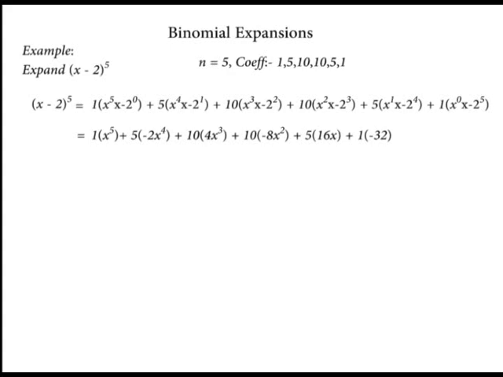If we simplify that, we shall have x^5 − 10x^4 + 40x^3 − 80x^2 + 80x − 32. And that is the expansion for (x − 2)^5.